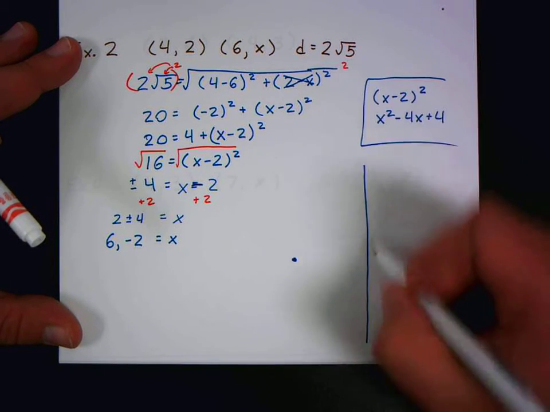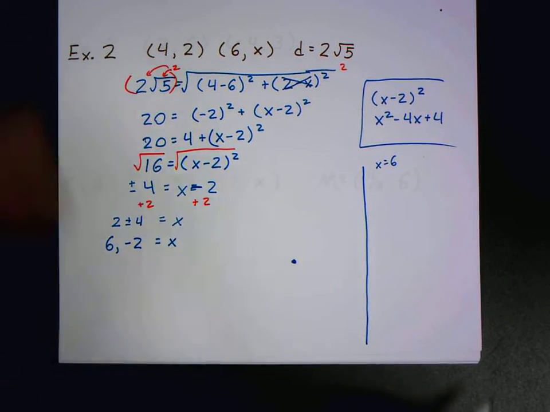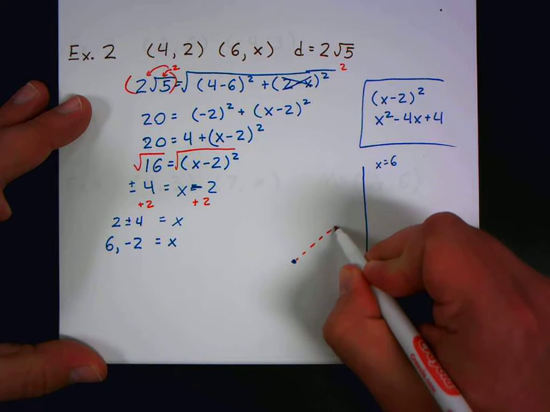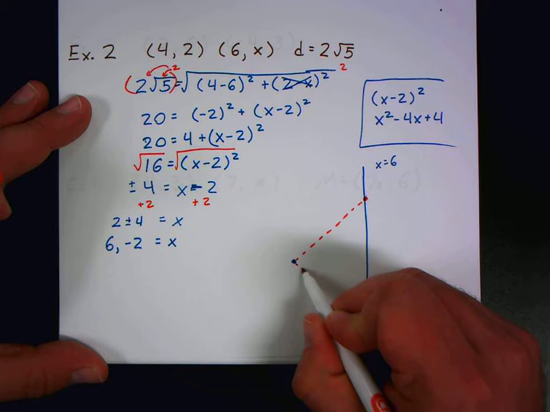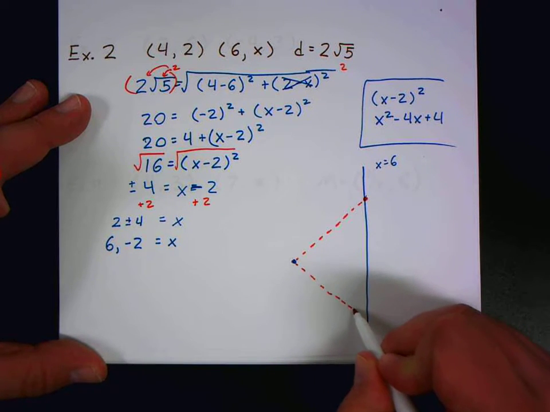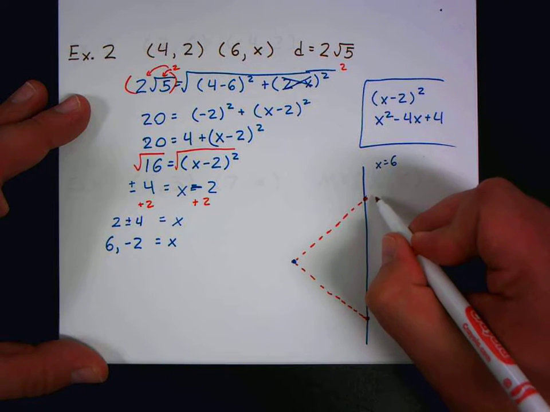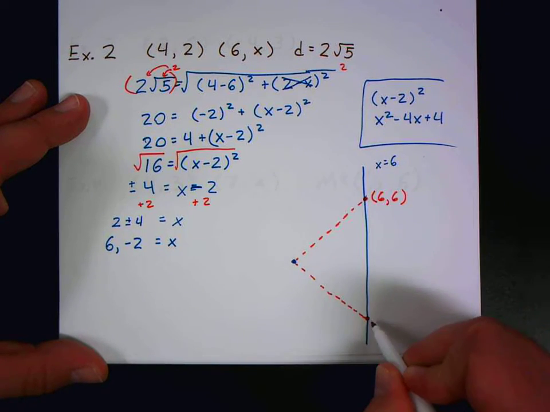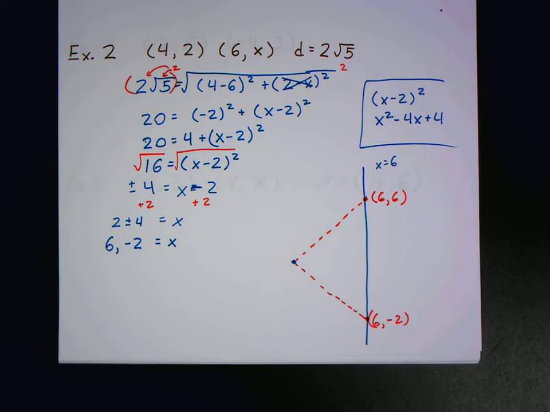So this is the line x equals 6. So there are 2 places on this line that would be the same distance from that point. I have one that's up here at 6, 6, and I have one down here at 6, -2. That's why we have to get 2 answers for that question.